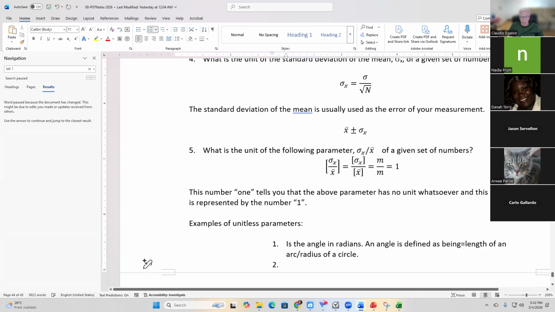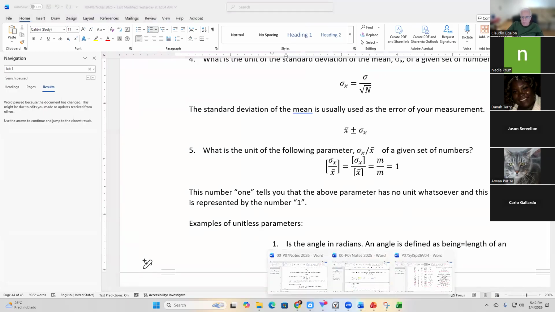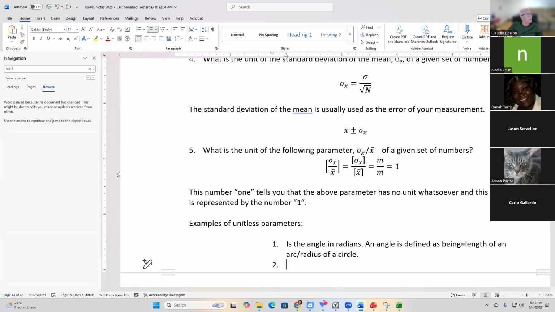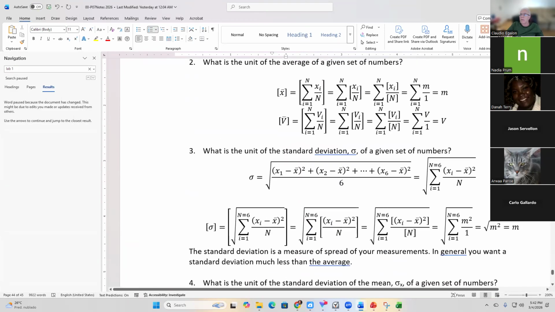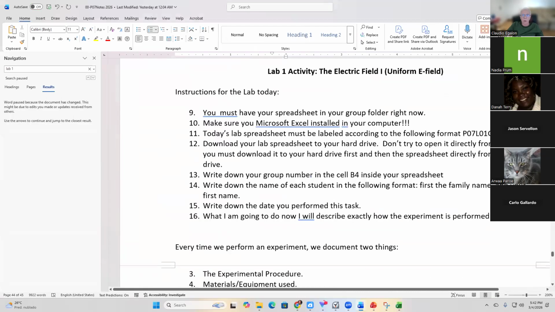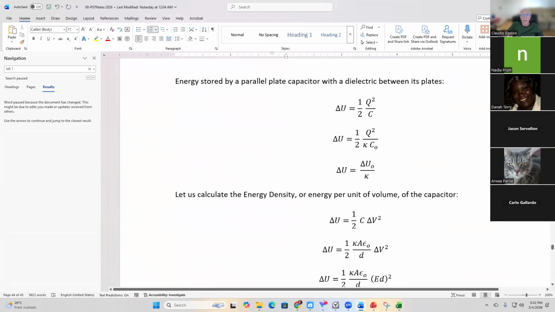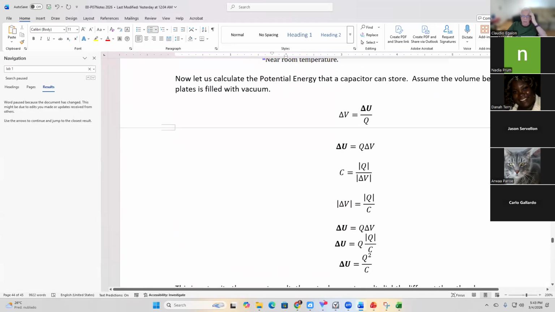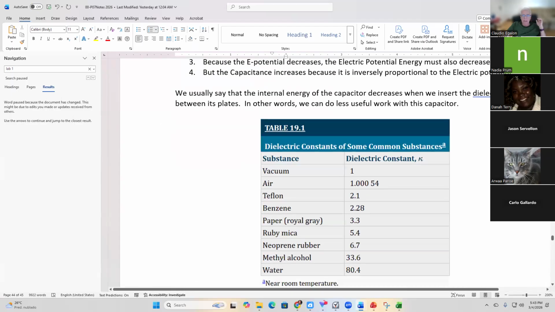Another one that we saw in today's lecture, do you remember? We saw today a parameter that has no unit: the dielectric constant.